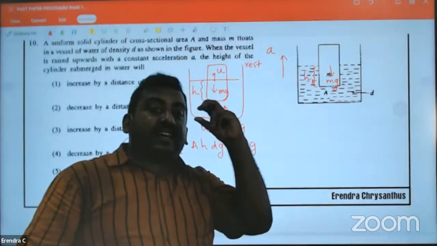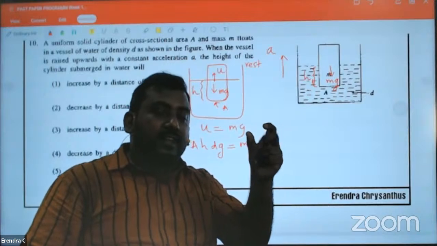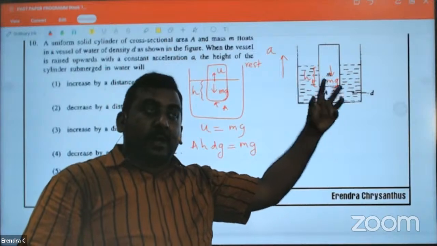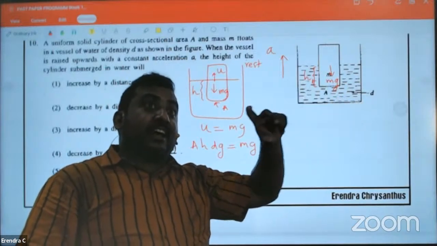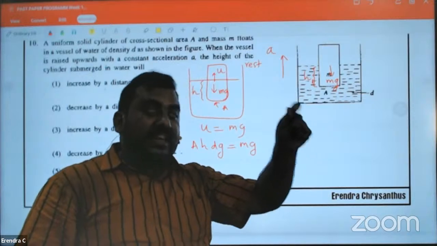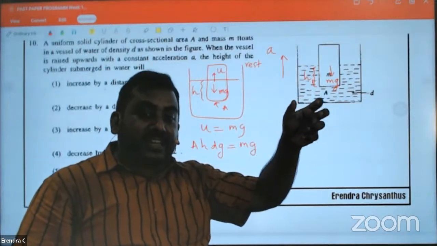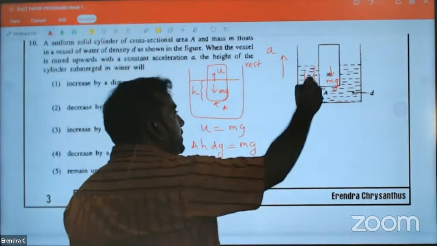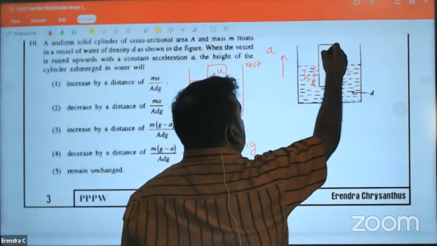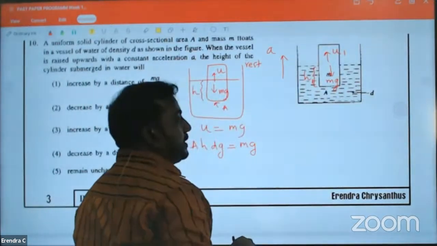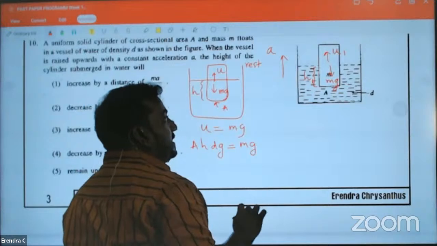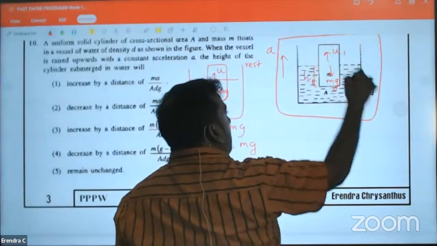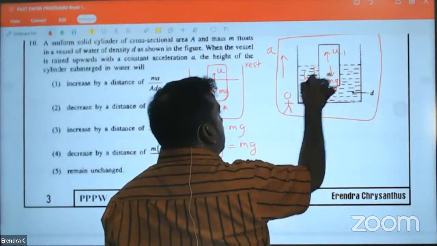Remember, when it's accelerating, the pressure force acting here will also change. The resultant pressure force will change, so the upthrust will be different. Let's say you are inside a lift looking at this.